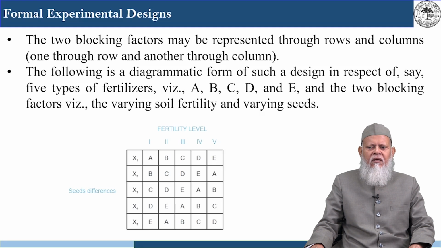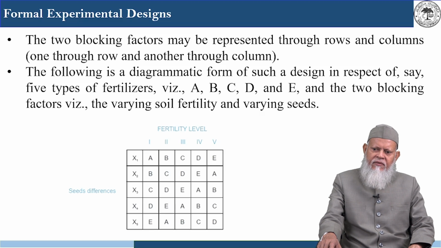The following diagram gives the form of such a design in respect of, say, 5 types of fertilizers A, B, C, D and E, and the two blocking factors or extraneous variables, that is the differences in the quality of seed and the difference in the soil fertility of the lands. So, this is the design which is before you.